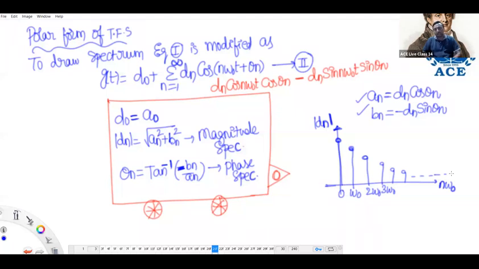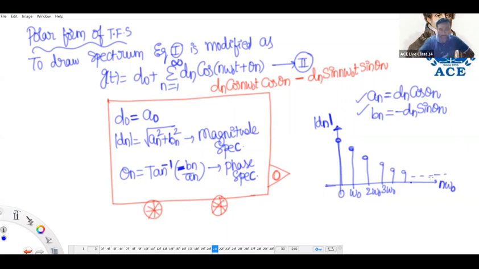Second advantage, up to what range of frequencies the maximum power is there. For a periodic function, the power is there up to the 5th harmonic, 11th harmonic or 20th harmonic, because as frequency increases, magnitude decreases. So we can check up to what range of frequencies the maximum power is there.